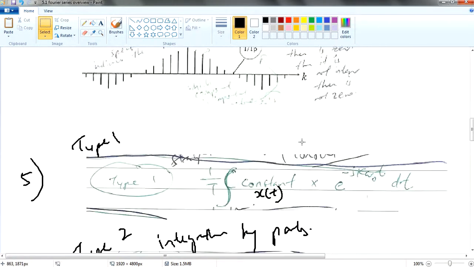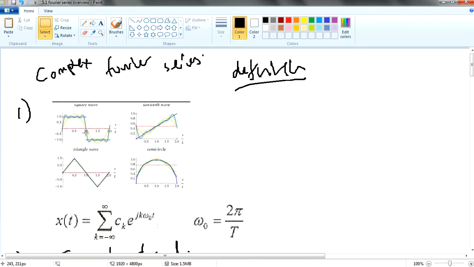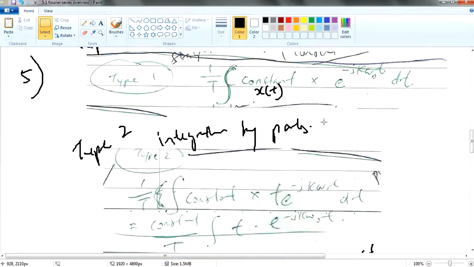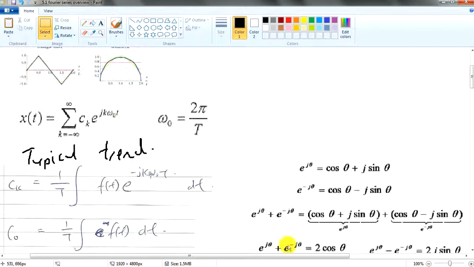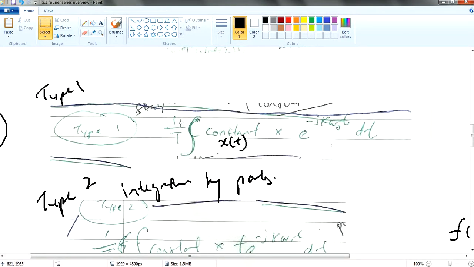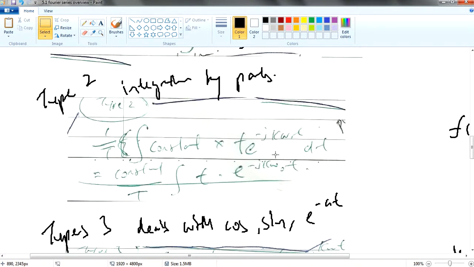It's just some function that represents a square wave or sawtooth wave or whatever, multiplied by this root over here. As you can see, this is always multiplied. So some function multiplied by e, and then you integrate them. So type 1 is exactly the same as this.